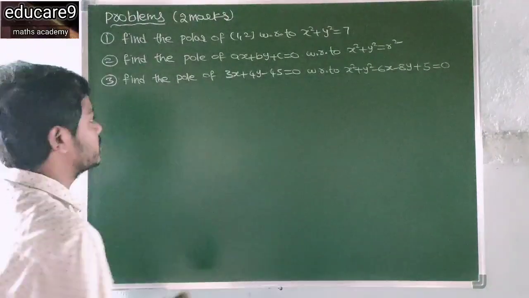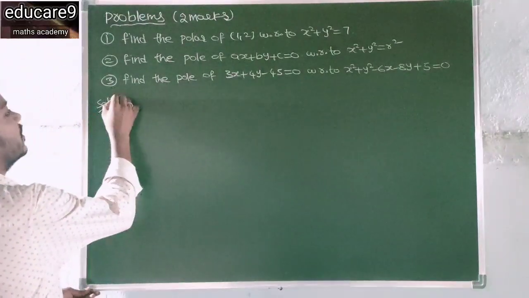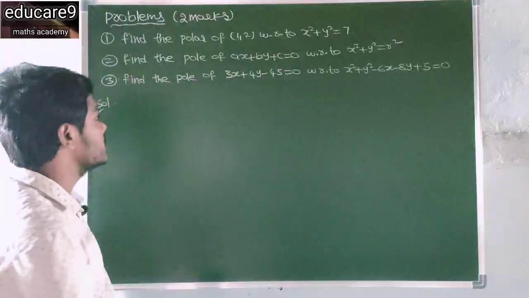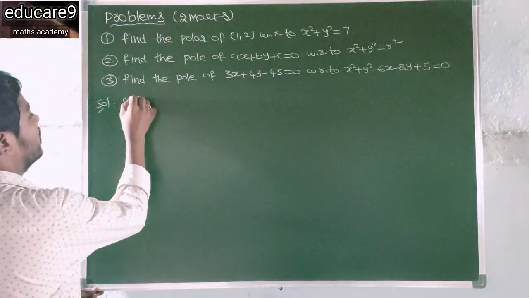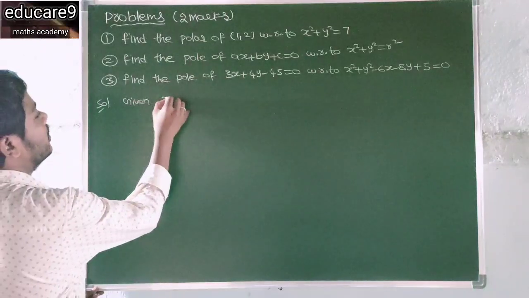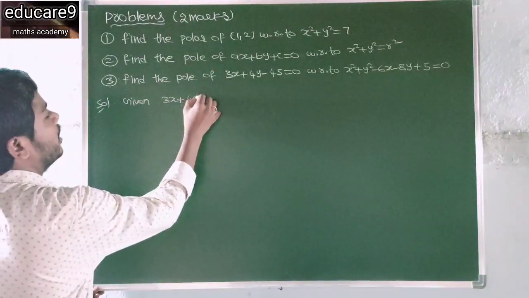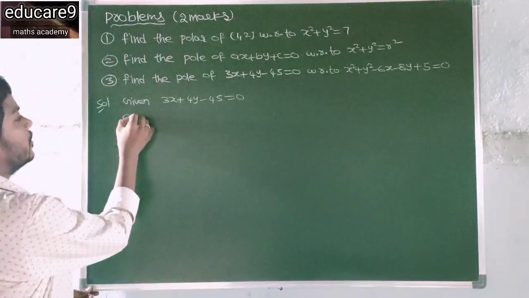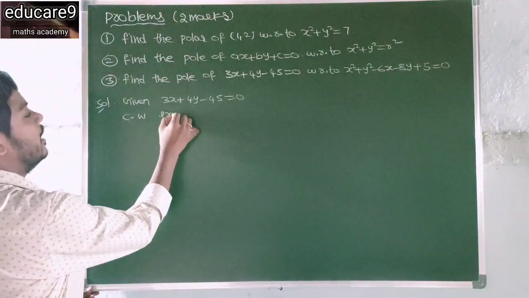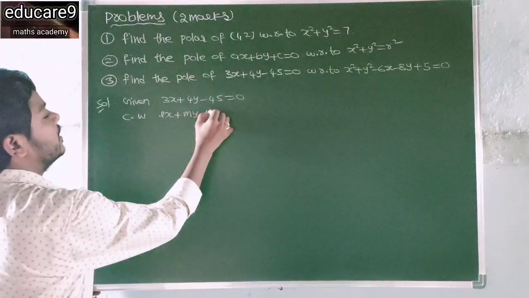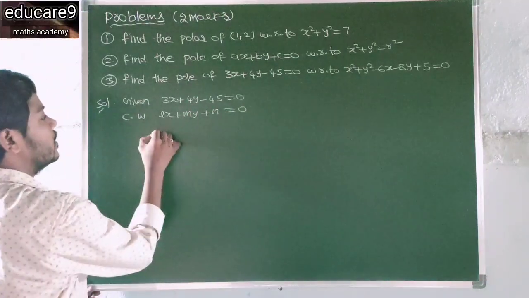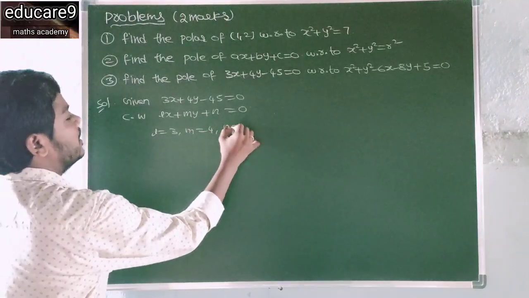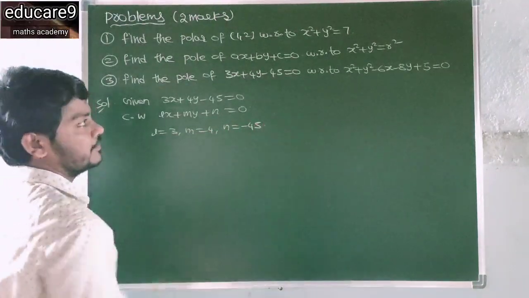So see the third solution. Find the pole of the line with respect to the circle. So see here, given line 3x plus 4y minus 45 is equal to 0. So comparing with lx plus my plus n is equal to 0, l is equal to 3, m is equal to 4, n is equal to minus 45.